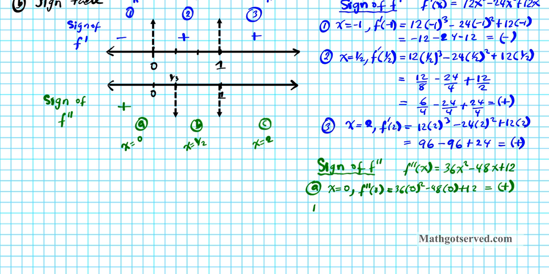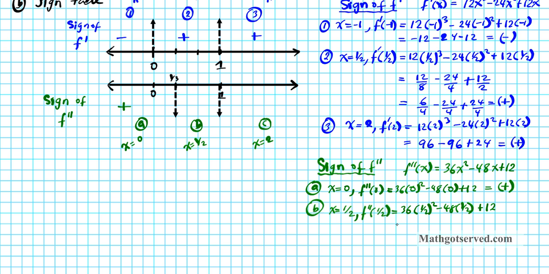All right, and then let's look at interval B. We selected x equals 1/2. So we're going to evaluate the second derivative at x equals 1/2. f double prime of 1/2 is 36 times 1/2 squared minus 48 times 1/2 plus 12. Remember what we're looking for here is a sign. We're trying to see if it's positive or negative, okay?